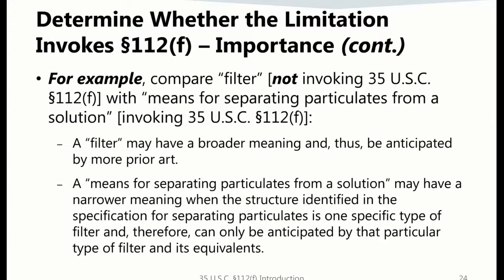For example, compare these claim limitations. An apparatus comprising a filter with the limitation an apparatus comprising means for separating particulates from a solution. Per the disclosure, means for separating particulates from a solution is linked to the filter as the corresponding structure, but one may have a broader meaning than the other.